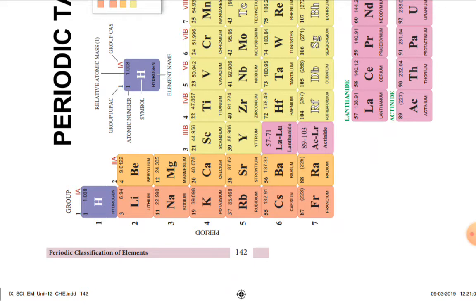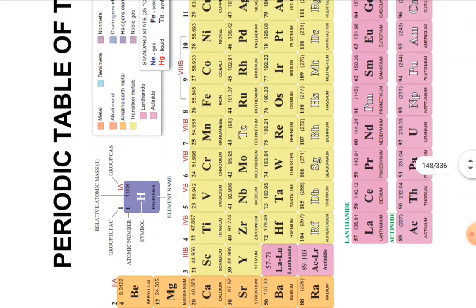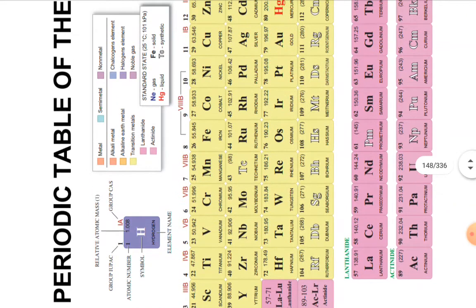Next, the fourth group: titanium, zirconium, hafnium, rutherfordium. Fifth group: vanadium, niobium, tantalum, dubnium. Sixth group: chromium, molybdenum, tungsten, seaborgium. Seventh group: manganese, technetium, rhenium, bohrium.